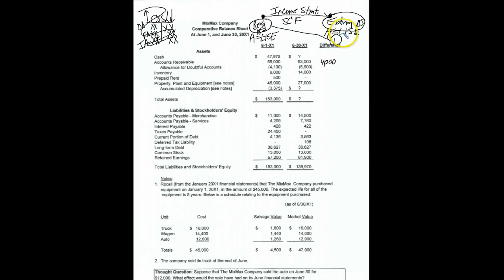Then we're going to look a little closer at what caused those changes. Well, we'll know the income statement because we have had accounting records track revenue and expenses all through the period. So the second step is that we will sort of journalize, if you will, but it won't be a formal journal entry.